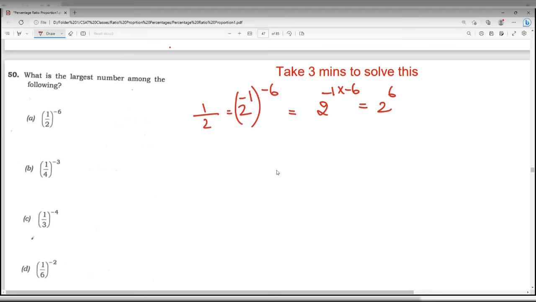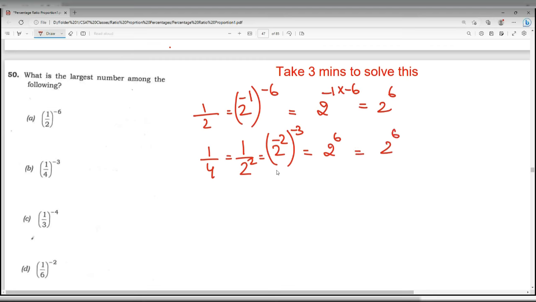In this case, 1 by 4 can be written as 1 by 2 raised to 2. This is equal to 2 raised to minus 2, raised to the power of minus 3, and we can multiply the indices here. So 2 raised to plus 6, 3 into 2 is 6, minus into minus is plus, this is also 2 raised to 6.